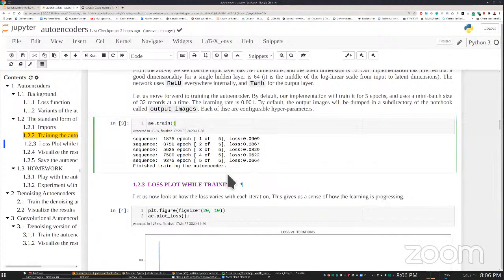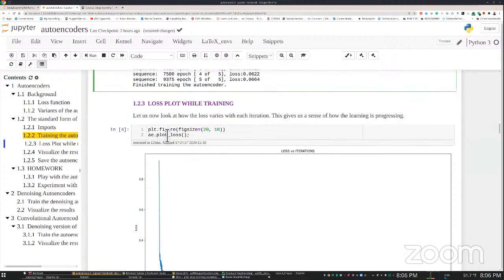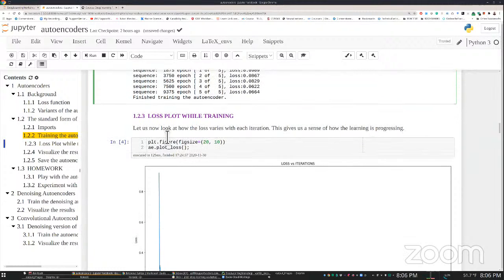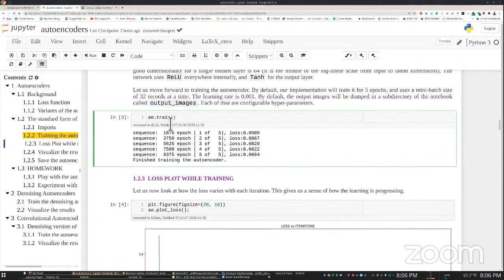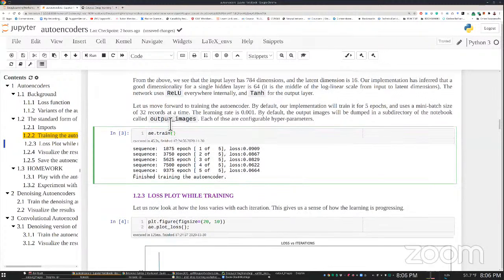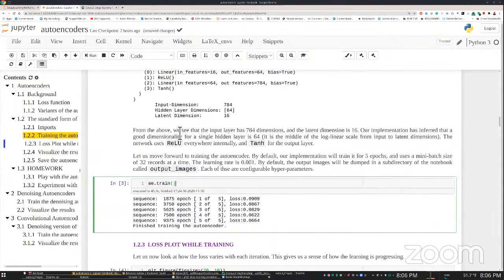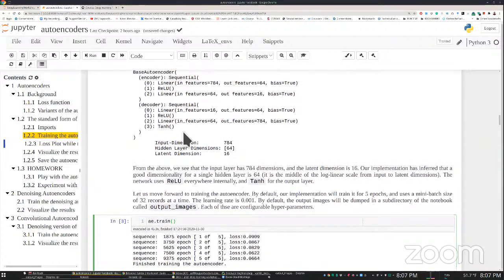So when it trains itself on 5 epochs, you can see, Asaf, yes, go. There is an error in the training line. I get an error too. It goes back to the vanilla encoder Python file. I'm not able to understand what it is. It is related to the size of tensor A not matching tensor B, 784 versus 20.